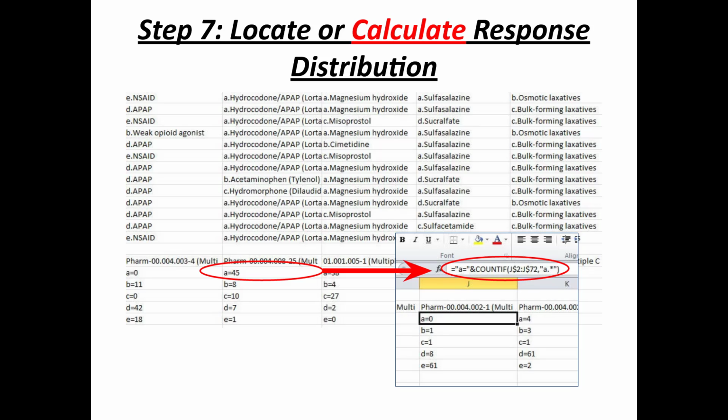The student is the row, and the columns are each question. Here you can see the question title, and you can use a simple spreadsheet formula, the COUNTIF formula, to count how many people chose A, B, C, D, or E.